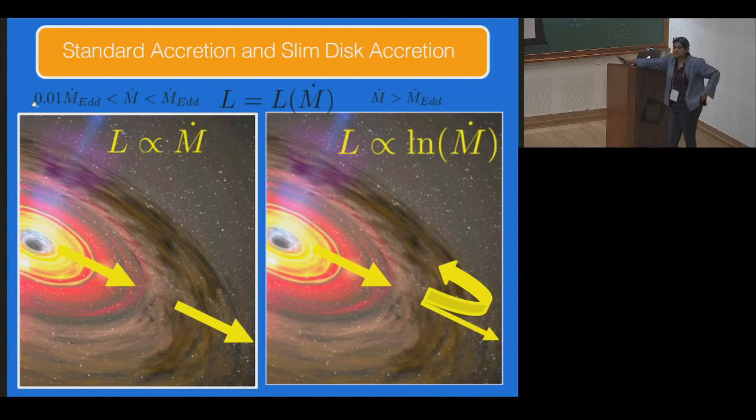This is the slim disk model, okay? And the reason is that the slim disk model is the most pertinent one for the high redshift universe, right? So here the accretion luminosity is proportional to the logarithm of the mass accretion rate, okay? Which means that you can have super Eddington mass assembly with very low luminosity. So that's the difference between these 2 models.